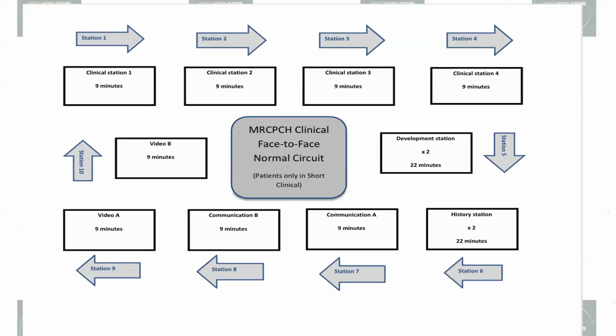Once the bell rings, you'll be invited inside to start your communication station. This is the only station where all the 9 minutes will be with only the role player. The examiner will just be observing how you communicate. You have no word with the examiner. It's only the role player.